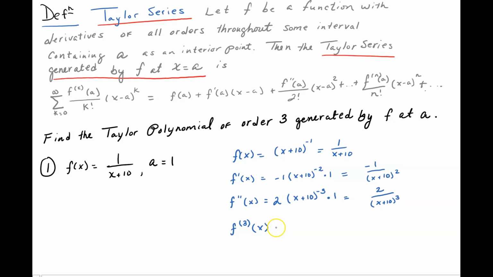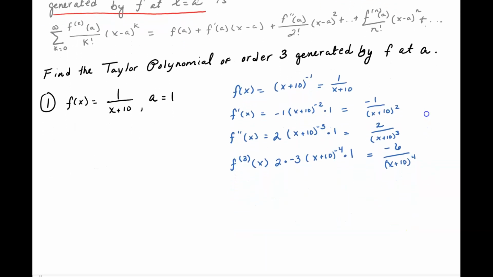We can write the 2, multiply it by a negative 3. We have then x plus 10 to the negative 4, multiplied by the derivative of the inside, which is 1. When we clean this up a little bit, we get negative 6 over x plus 10 to the fourth power. So we've figured this out.